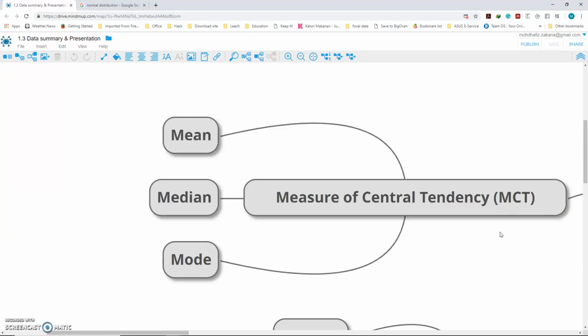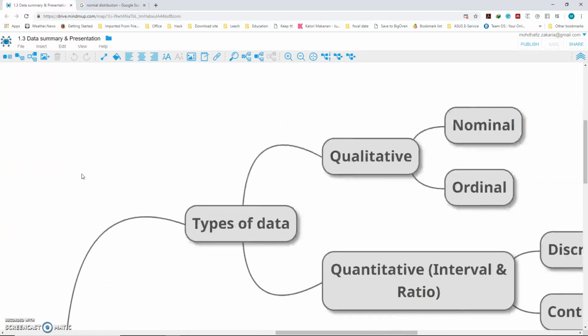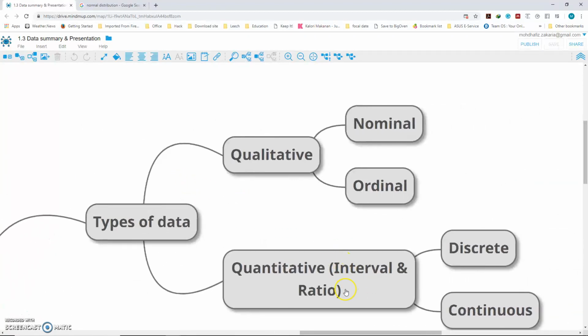As for the next two, interval and ratio, as I said before, in our classification we did not say interval and ratio, we said discrete and continuous, but in our table here they did put interval and ratio.